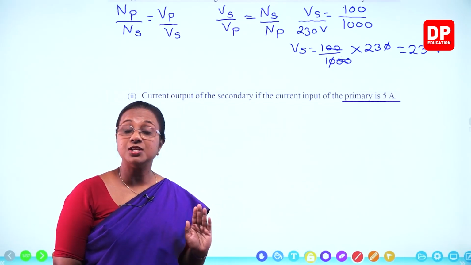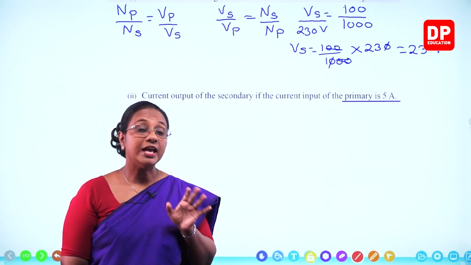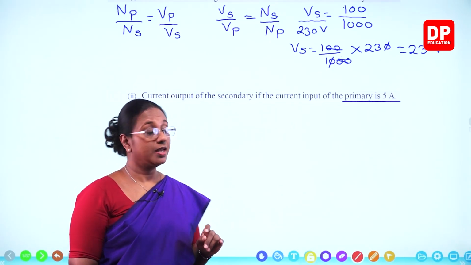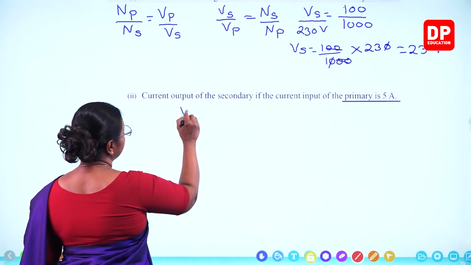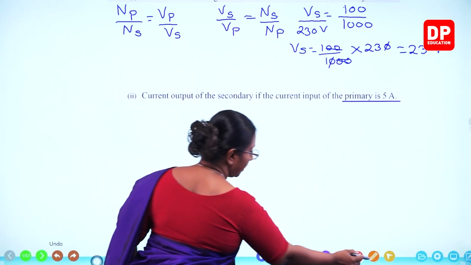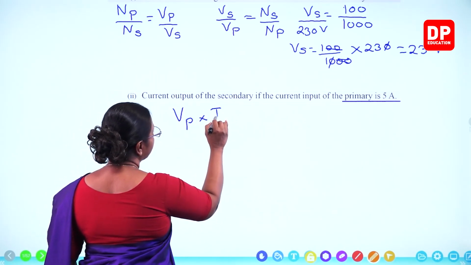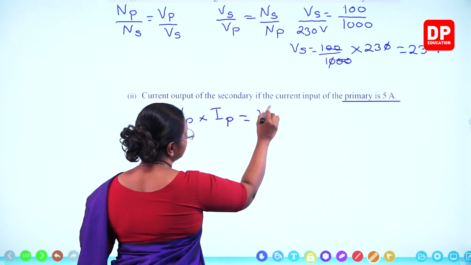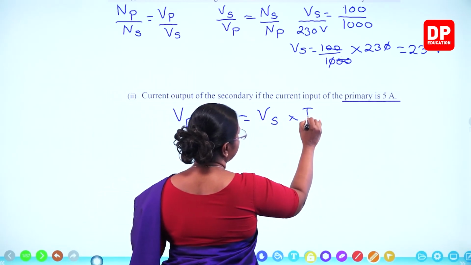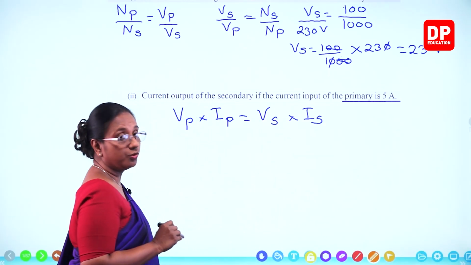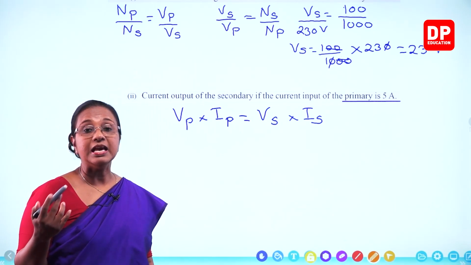That's why we said there is no energy loss. So what is the equation that we use? We use V primary into I primary, that is equal to V secondary into I secondary.